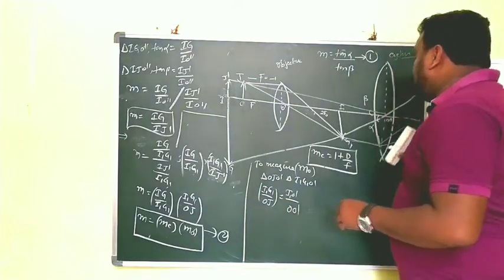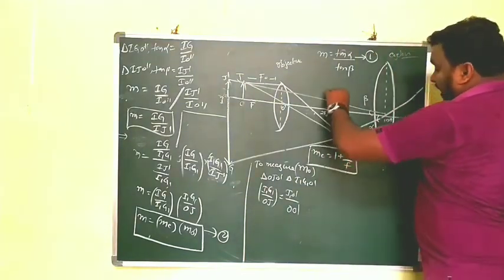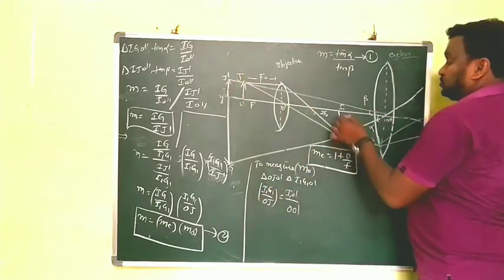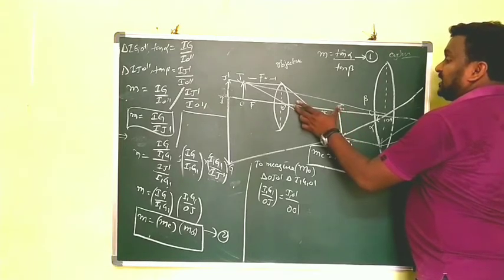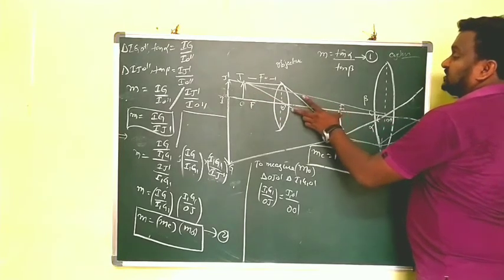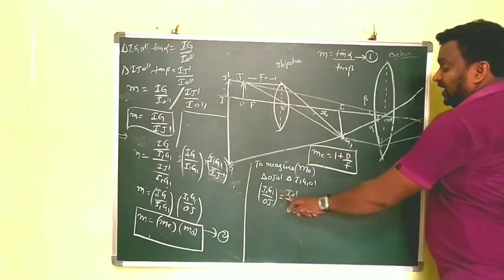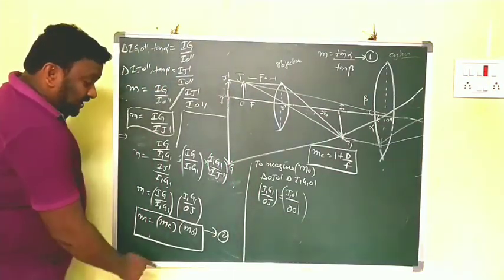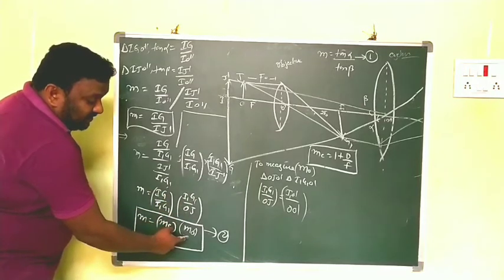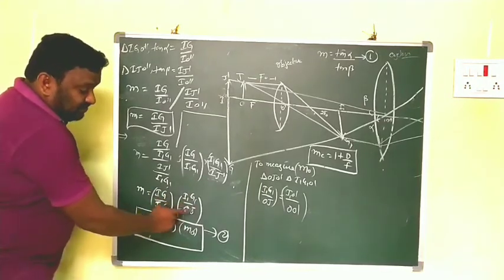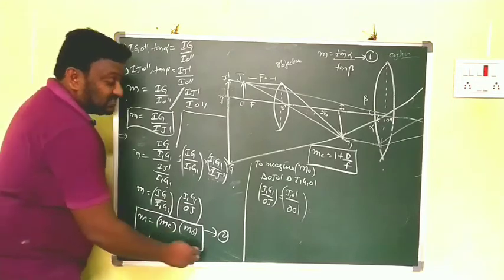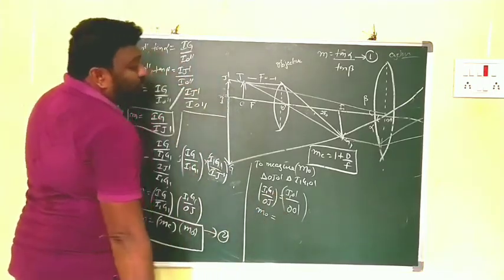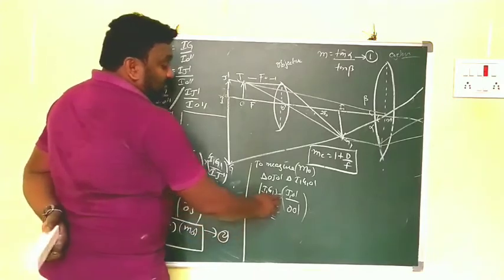According to that, the first side is I1 Z1 by O J, which is equals to the second side, I1 O dash by O O dash. Clear? That is what I wrote there. I already told you I1 Z1 by O J is M O. That's why I am writing now M O is equals to I1 O dash by O O dash. Clear? I1 O dash means what?